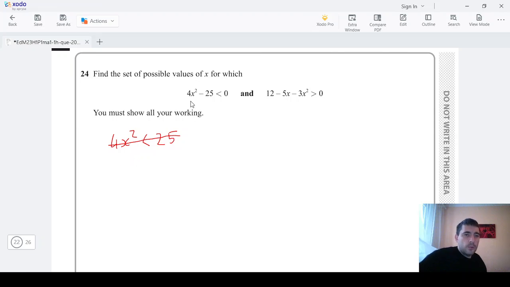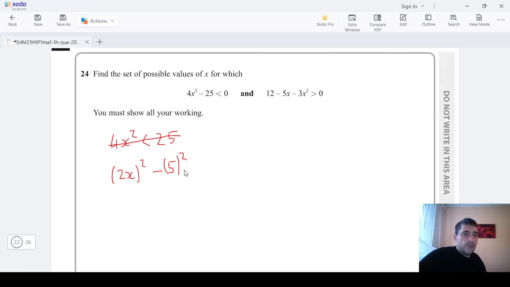What I've noticed is that there's a difference of 2 squares, and what I can do is split it into 2x squared minus 5 squared.